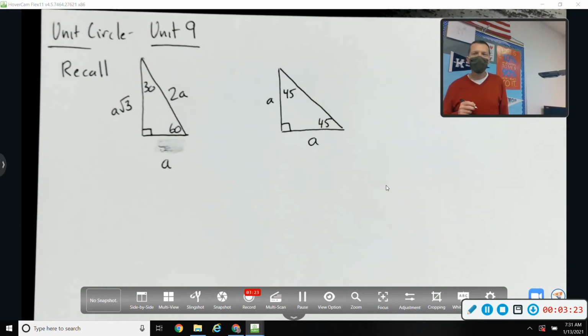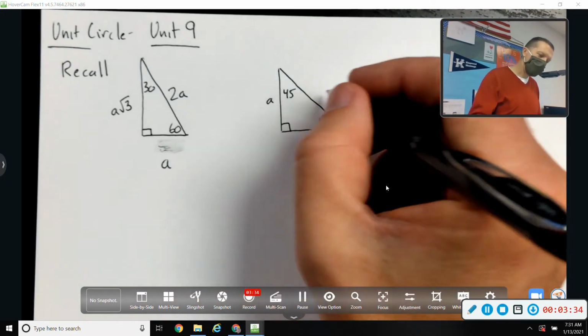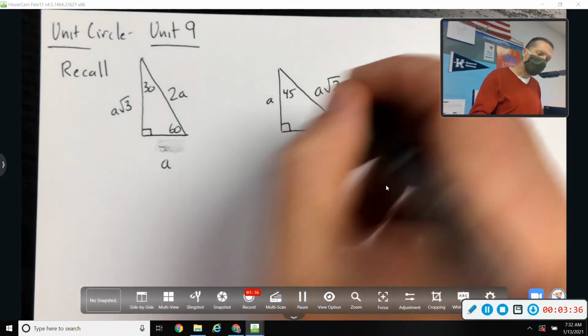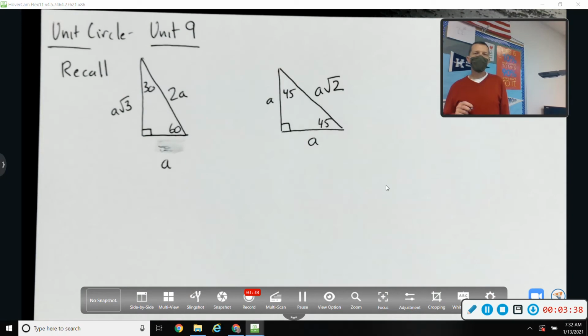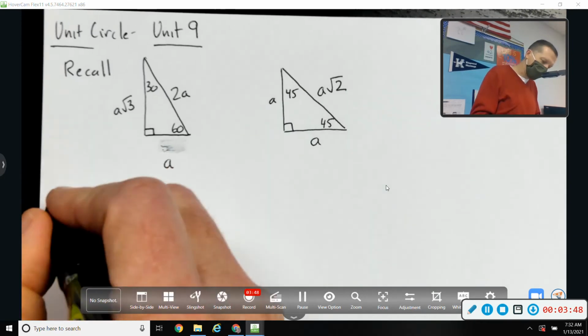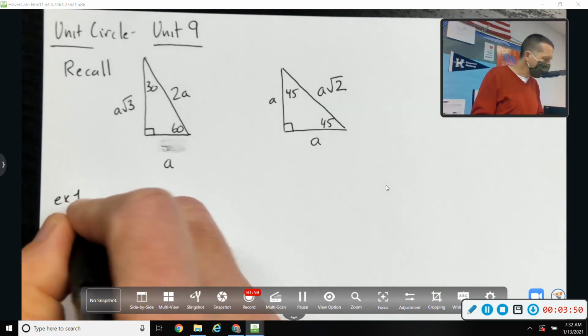Do you remember what the hypotenuse of that triangle is in terms of A? A square root of 2. So you would put the pattern on a triangle, use the pattern to figure out the other sides. In fact, let's do that a couple times here.